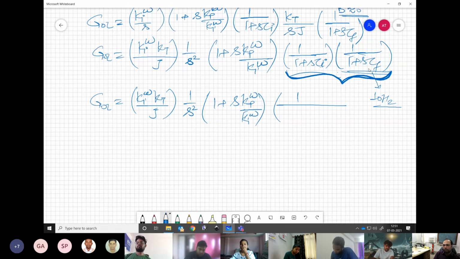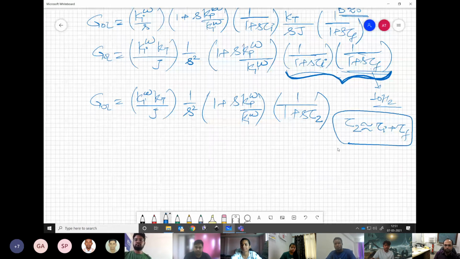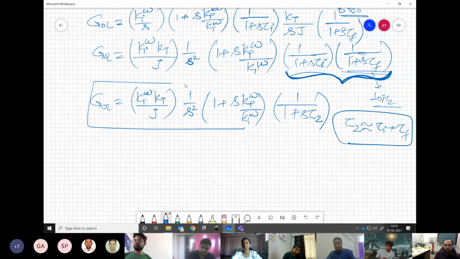And tau I plus tau F, I can write as some tau 2. There is no problem in that, right? Approximation you have understood, no? Clear? Yes, sir. Now, this is our open loop transfer function.